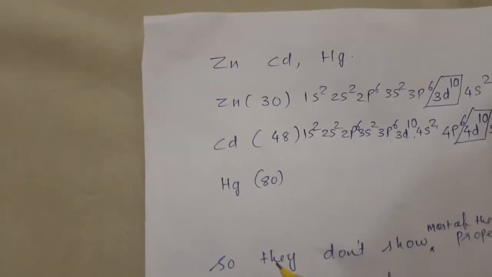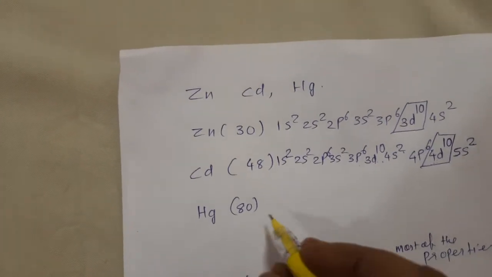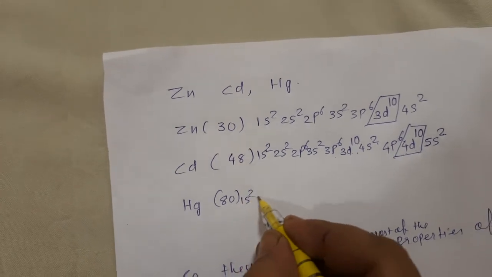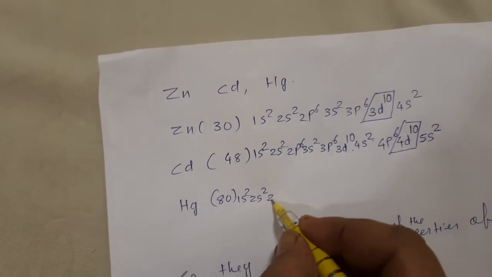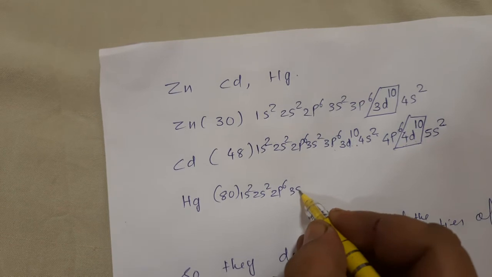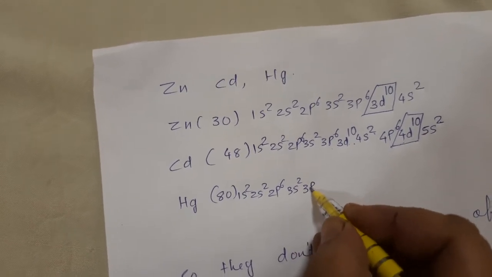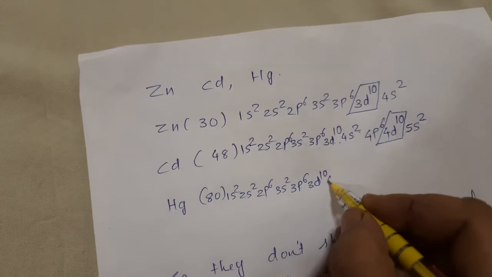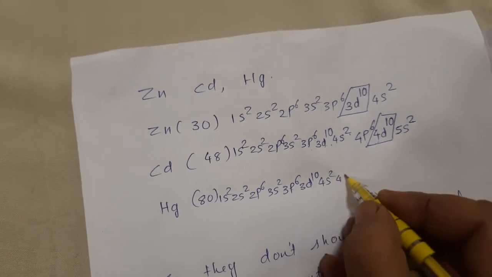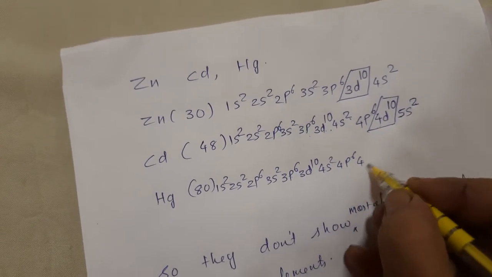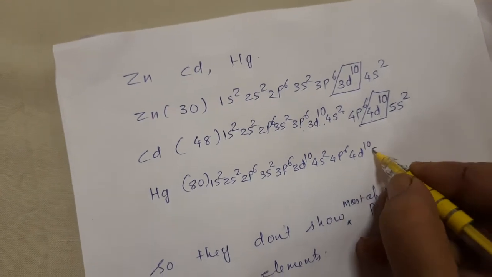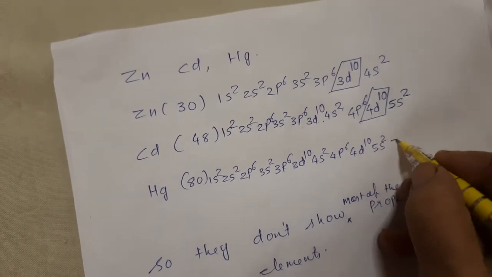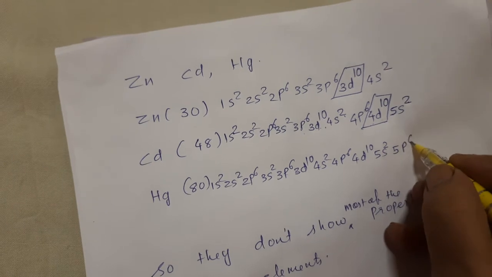Similarly Hg, this is a bit longer, but we will try to write. Hg: 1s2, 2s2, 2p6, 3s2, 3p6, then 3d10, then 4s2, 4p6, then 4d10, then 5s2. After 5s2, what comes? 5p6.